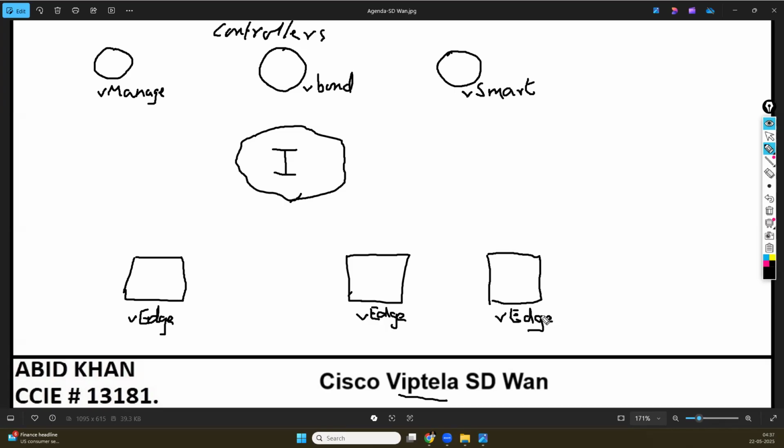In any organization, if there are 100 locations, all of them might not be identical. Some places might have only 10 users, some might have 1,000 users. 10 users will generate less traffic, 1,000 users will generate huge traffic. To handle less and more traffic, there will be different hardware routers with different capacities.